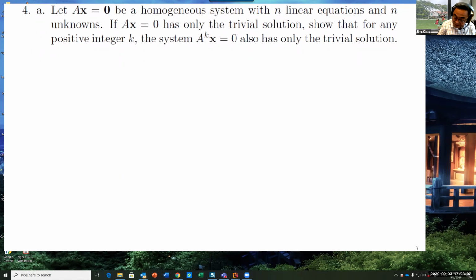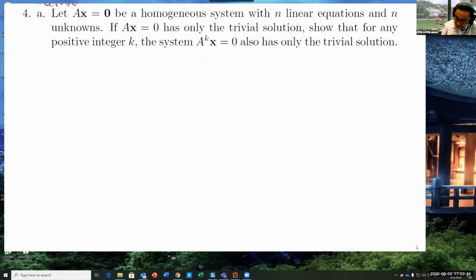Okay, let's start. AX equals to 0, homogeneous system. The word homogeneous means this: my right-hand side of the equation is the zero vector. So when you say a homogeneous system, it means that the right-hand side is the zero vector.